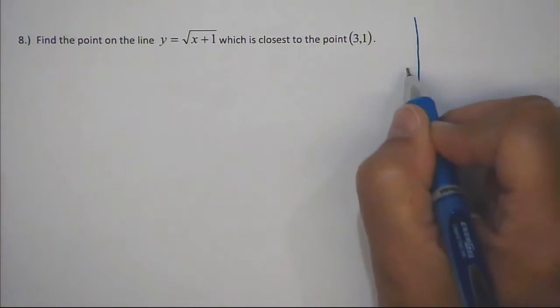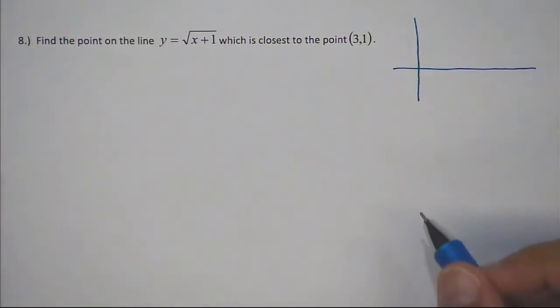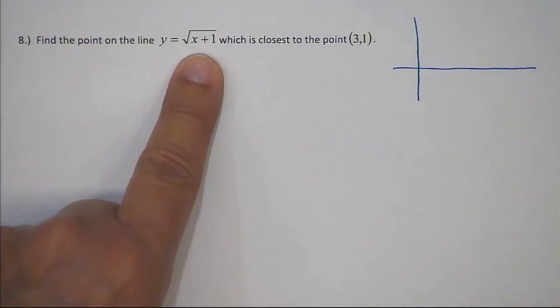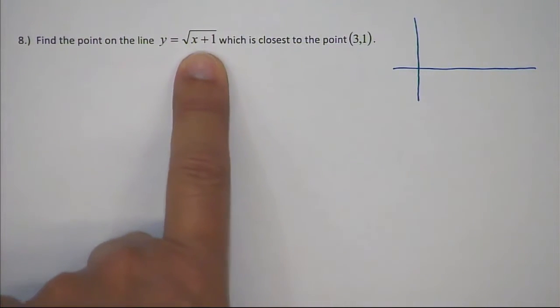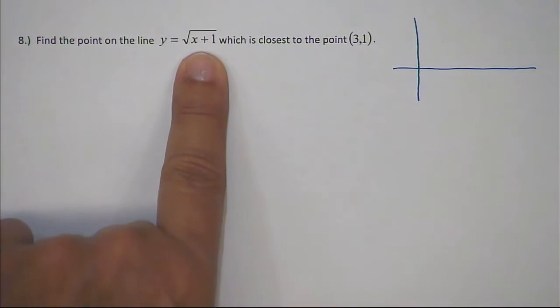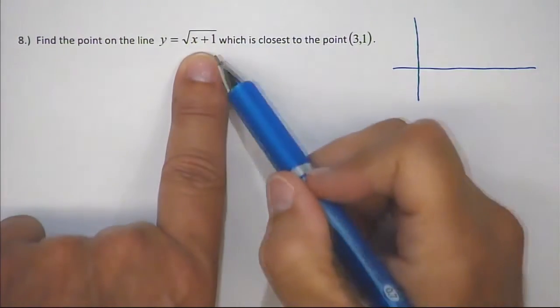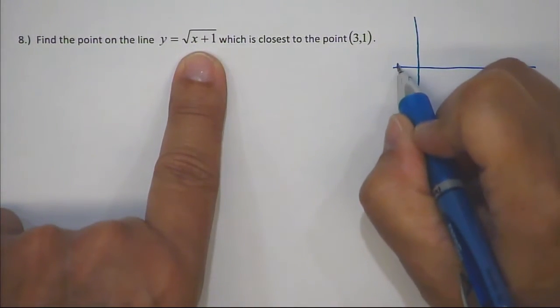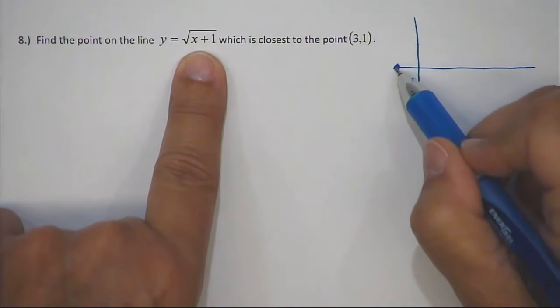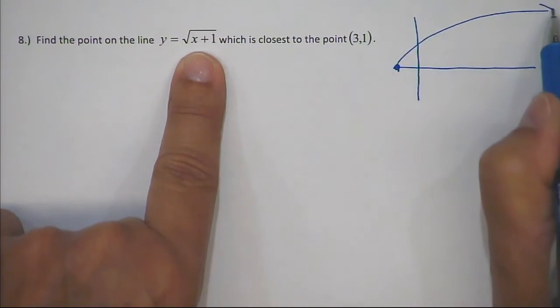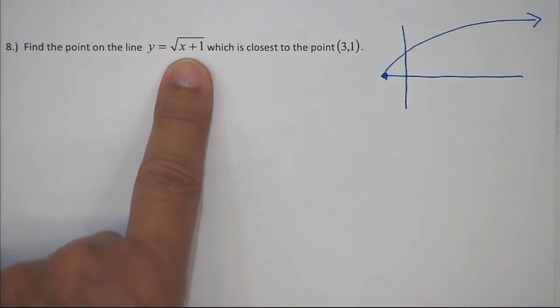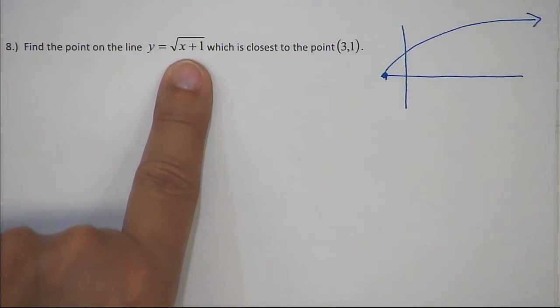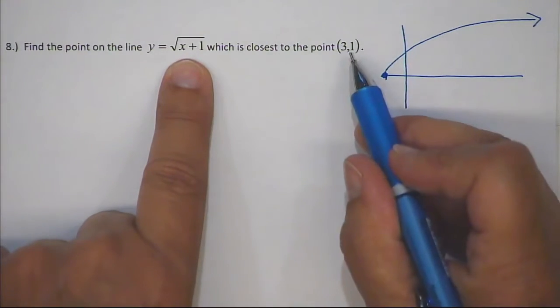So if I have this graph, square root of x plus 1, that's the square root curve, that little half curve, but we got to go left 1. So it starts over here at negative 1, 0, and it goes like that. I'm just sketching. I don't have the exact numbers on there. And then I look at the point 3, 1.